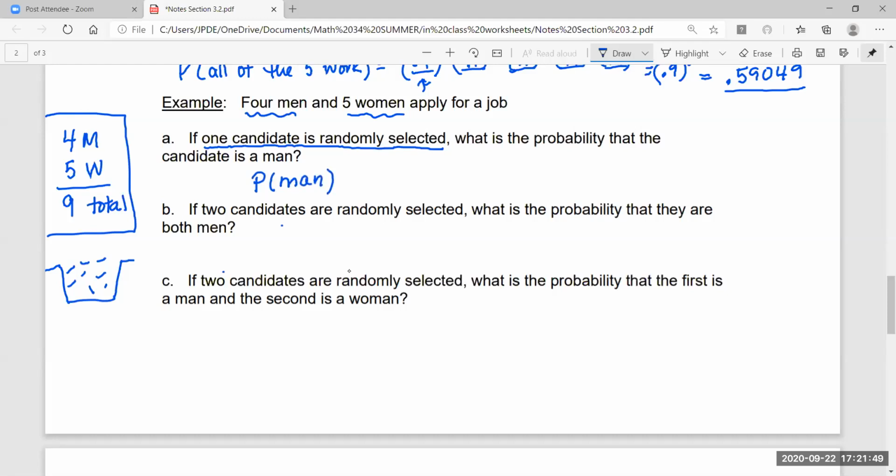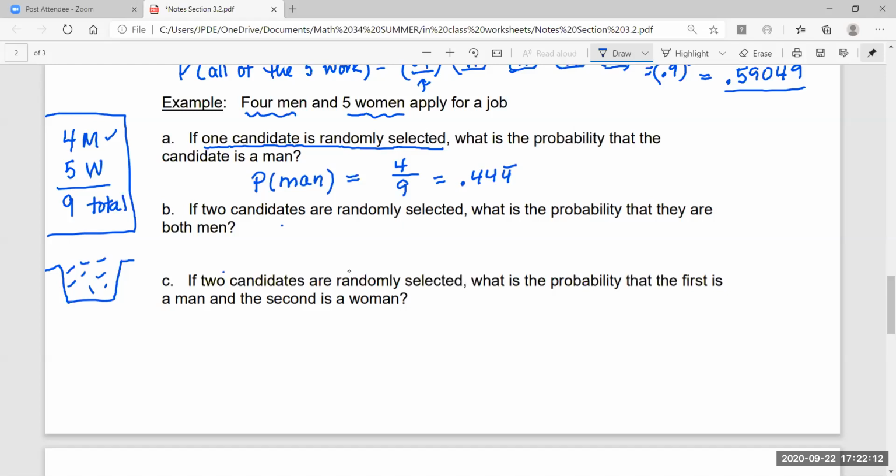Well, there's 9 total. 4 of them are men. 4 out of 9. So I get 0.444 repeat. That's more like what we were doing in the prior section.